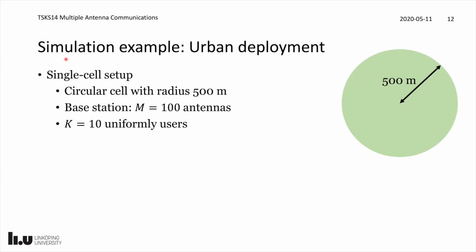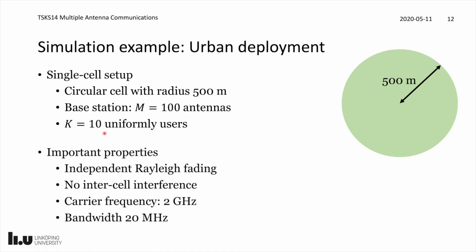We are considering a simulation example for an urban deployment, but with a single cell to keep it simple, because that is what the lecture has been about, the power control in a single cell. It's a circular cell with a radius of 500 meters, like this. So in the center we have a base station with 100 antennas, and then the users are uniformly distributed within the entire area. And there are 10 users in the area. And some important properties that we are assuming: we have independent Rayleigh fading channels, so that is what we have been considering in this lecture and many other lectures on massive MIMO.